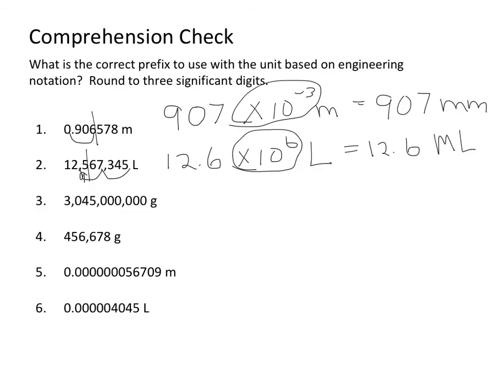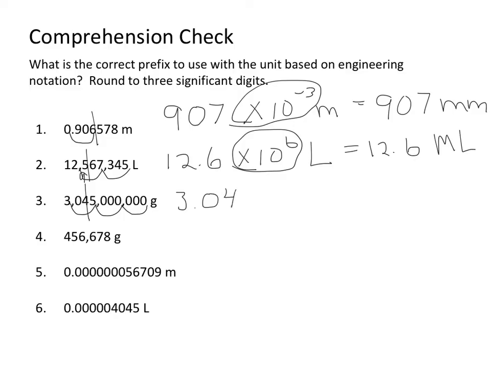For the third one, again, your decimals here, you're going to move it 1, 2, 3, 4, 5, 6, 7, 8, 9. So it's going to be 3.0. Look to the right of the third significant digit. It's exactly 5. So I'm going to round to the nearest even number, which is 4.